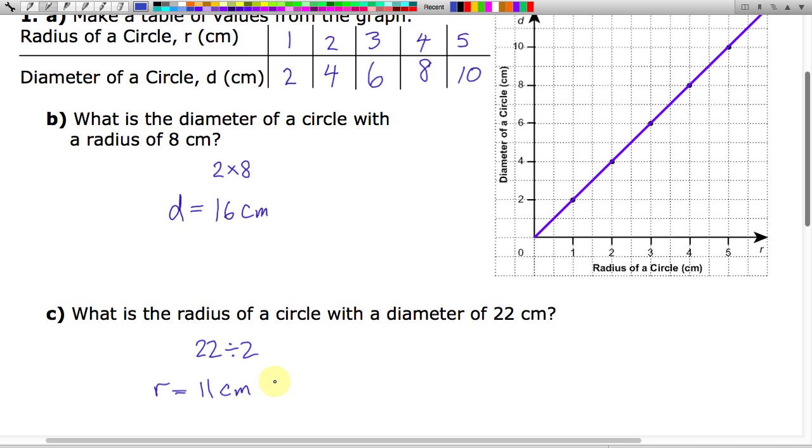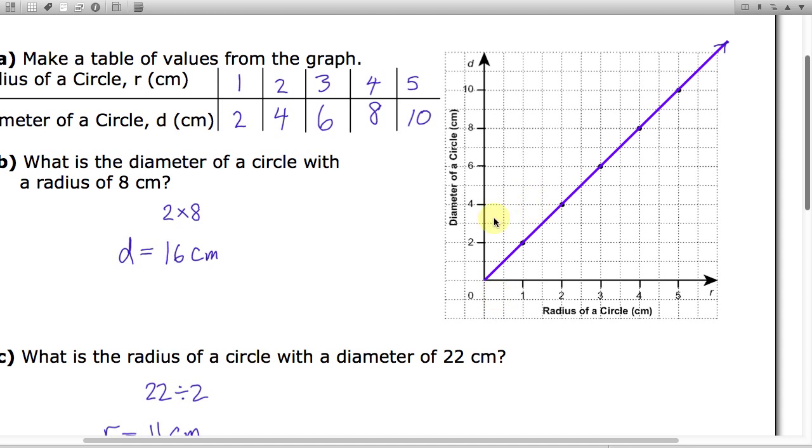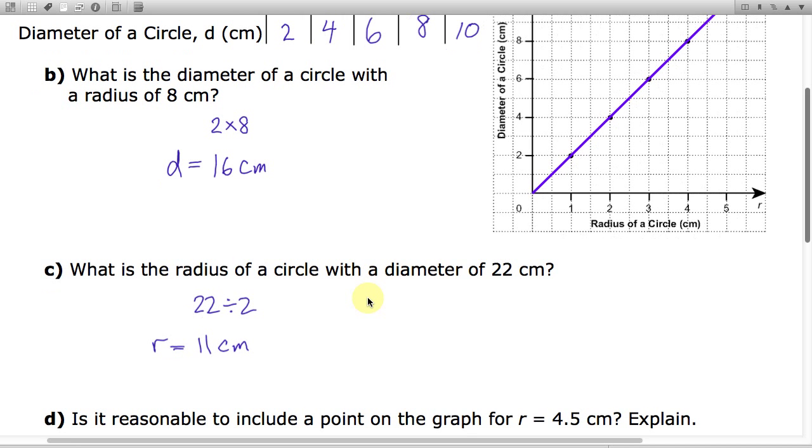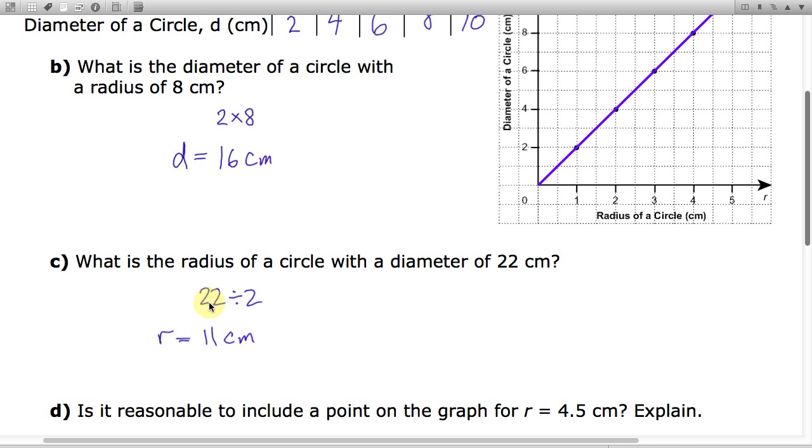But of course, you could go along in d until you reach 22 and look at the corresponding r if you continue the table that long. Or you could certainly have the graph go as far as you need to figure it out. But it's definitely faster just to do that calculation, dividing by 2.